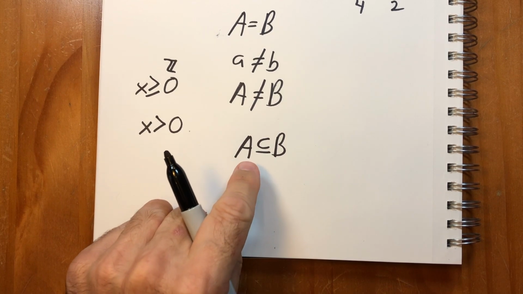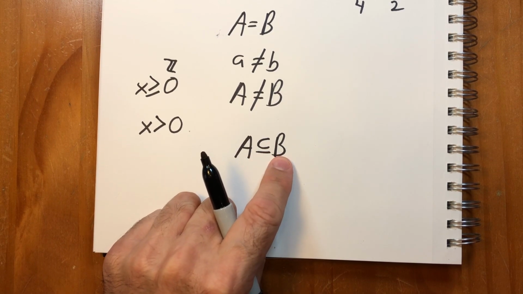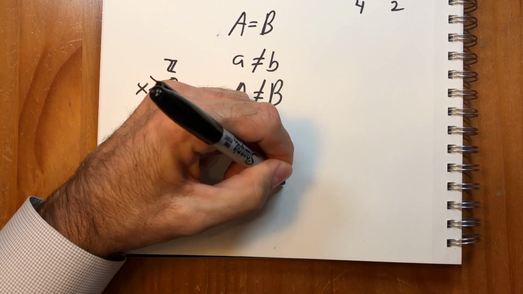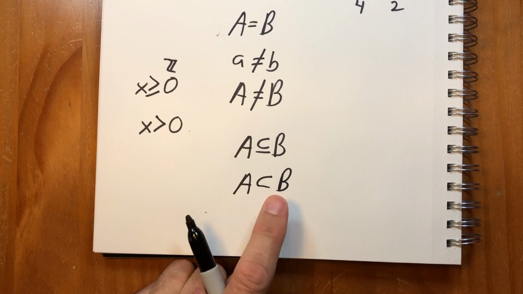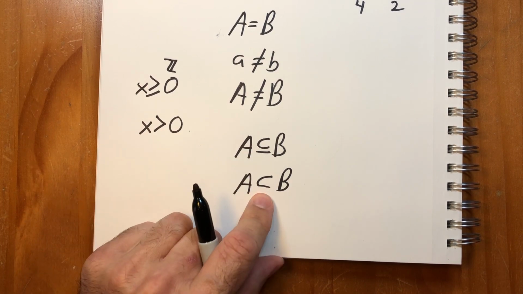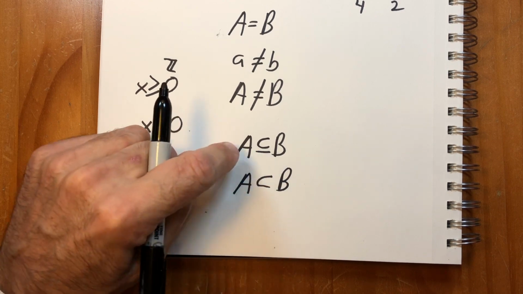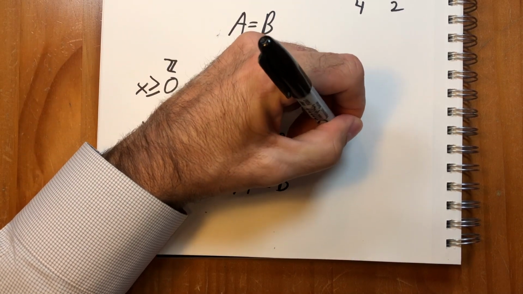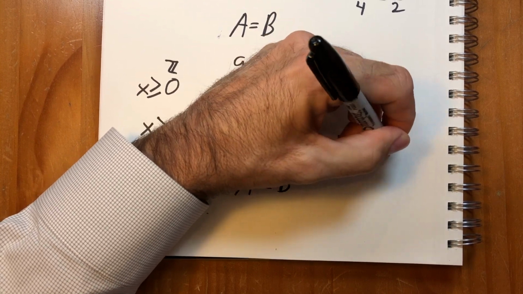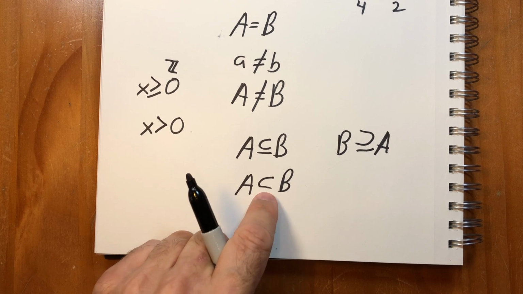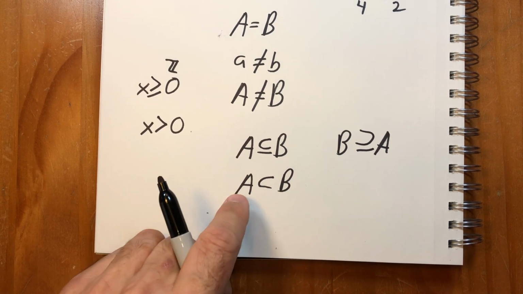And then if A is a subset of B, but A is different than B, then A is a proper subset of B, and we write that like this. This is called inclusion, and this is called proper inclusion. And then if A is a subset of B, then we can also say that B contains A. Note just quickly again that some authors use this symbol to mean subset or equal.